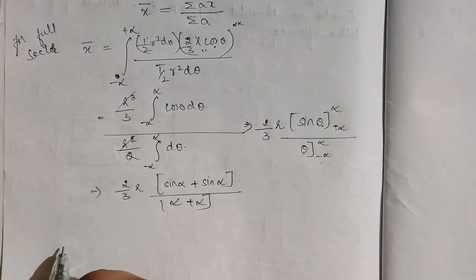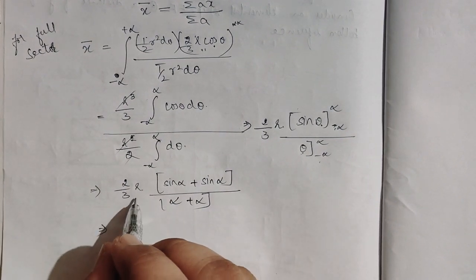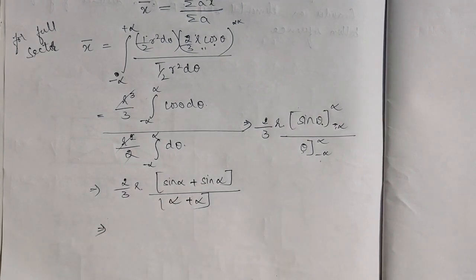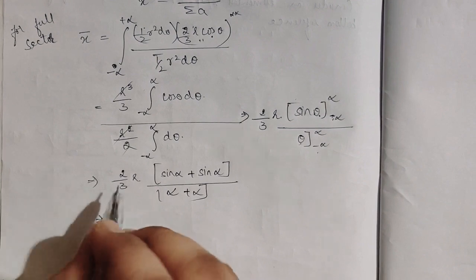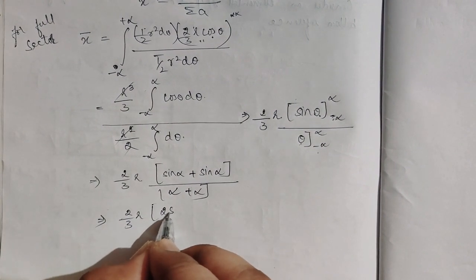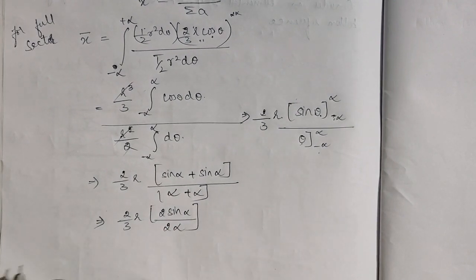So 2 by 3 r, 2 sin alpha divided by 2 alpha.